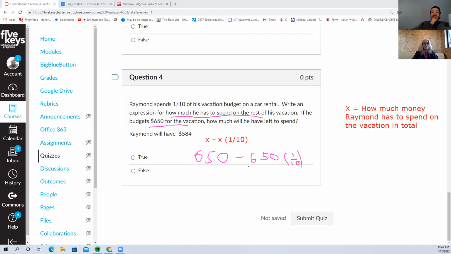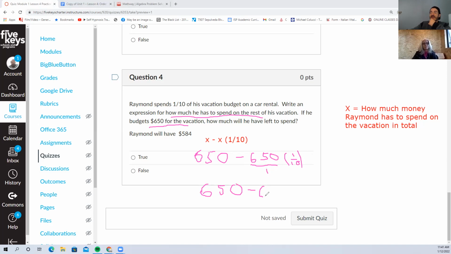So now I'm multiplying fractions, and we know that sometimes it's a little easier to multiply fractions if I divide by 1 so that I can see it as a fraction. Multiply the numerators, multiply the denominators, and divide. So I know that this is 650. I'm doing the multiplication first because that's what we do in order of operations.